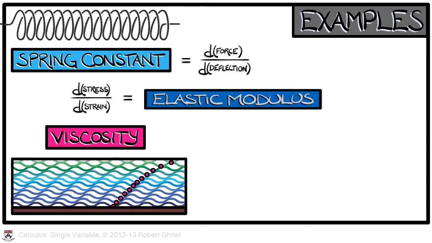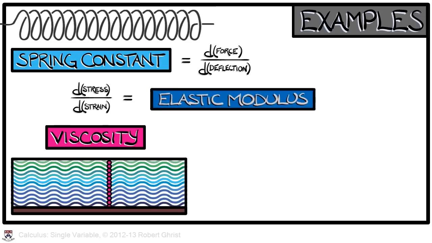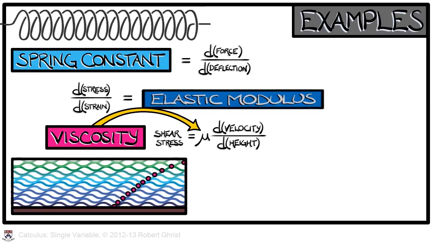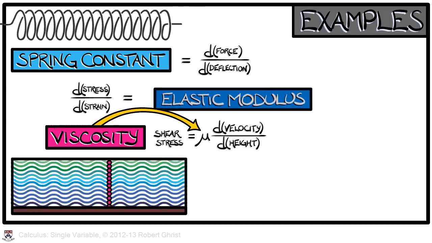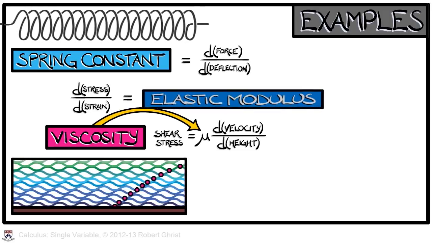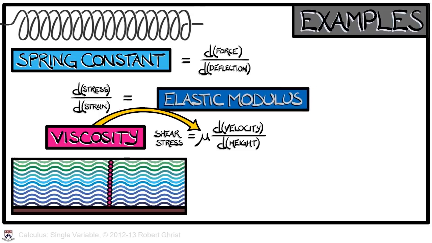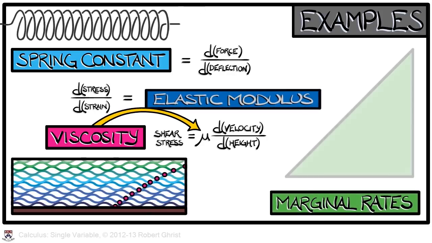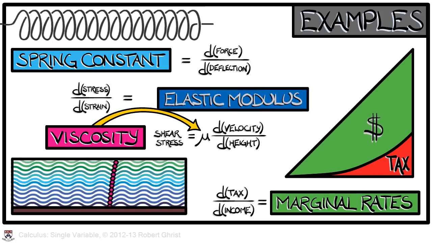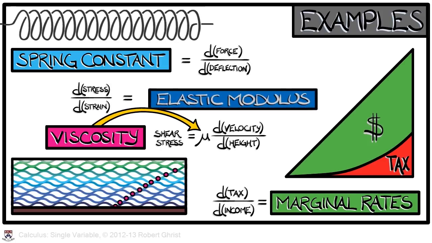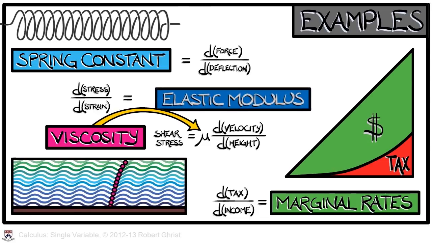If you want to know what viscosity is, or how slippery a fluid is, well, this is defined in terms of quantities like shear stress and the rate of change of the velocity of a sliding fluid with respect to height. Finally, economics consists of all manner of interesting derivatives. For example, if you look at marginal tax rates, these are defined as the rate of change of the amount of tax collected with respect to change in income.